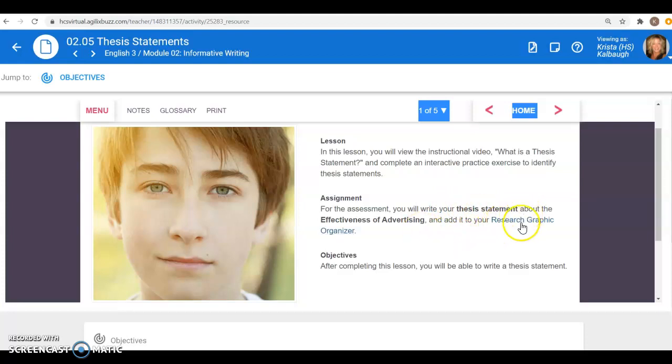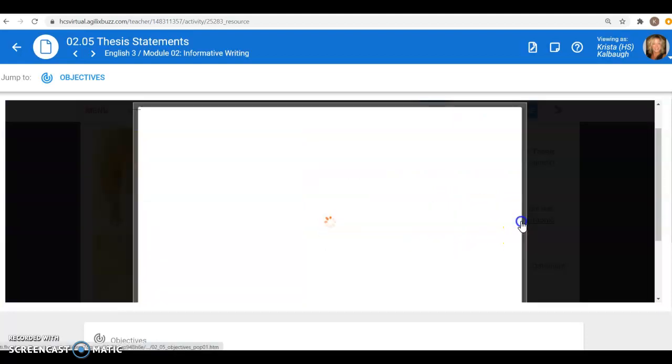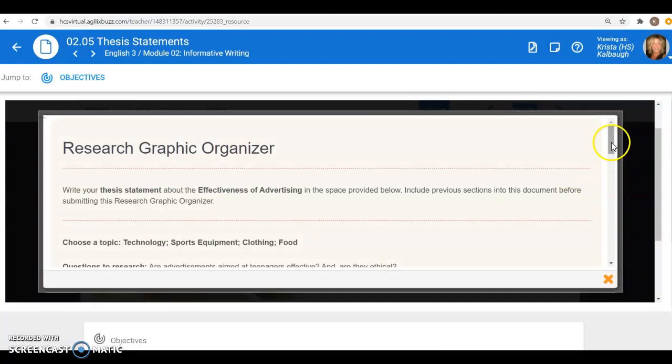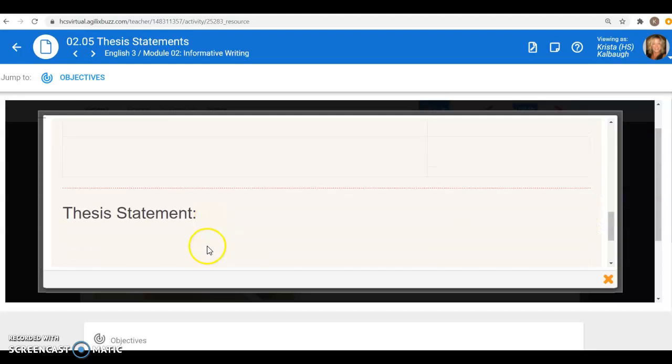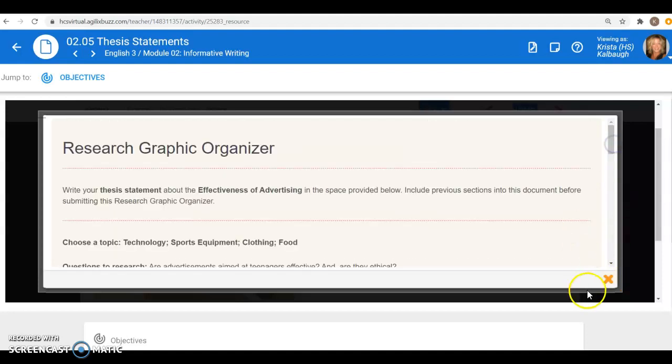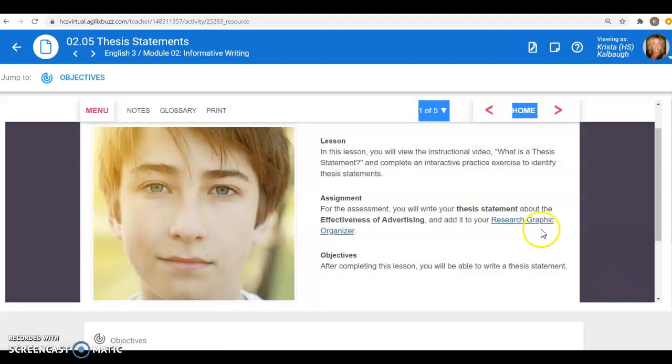But you're going to add it to your research graphic organizer, the one that you completed in 2.04 that looks like this. Essentially, you're just going to add the thesis statement onto that. It's going to be like your claim, dealing with the evidence that you found.